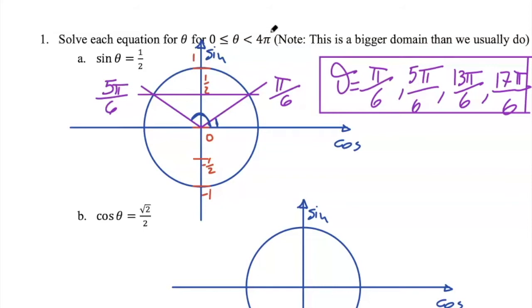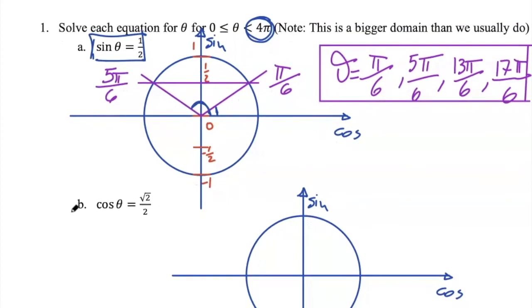But we have to consider two rotations, so all the way to 4 pi. So I have to add another 2 pi here, and I will get to 13 pi over 6, and one here, and I will get to 17 pi over 6. So four angles within this domain have a sine that is equal to 1/2.